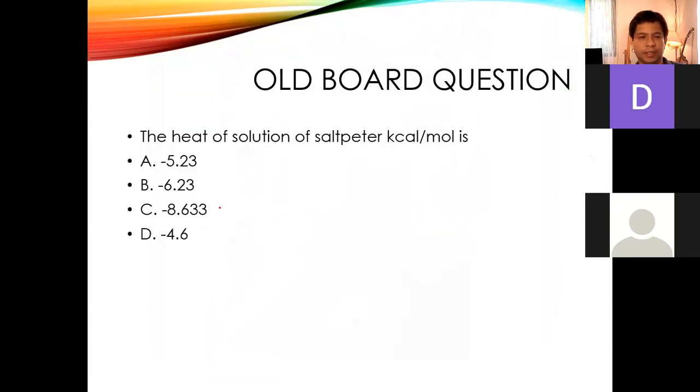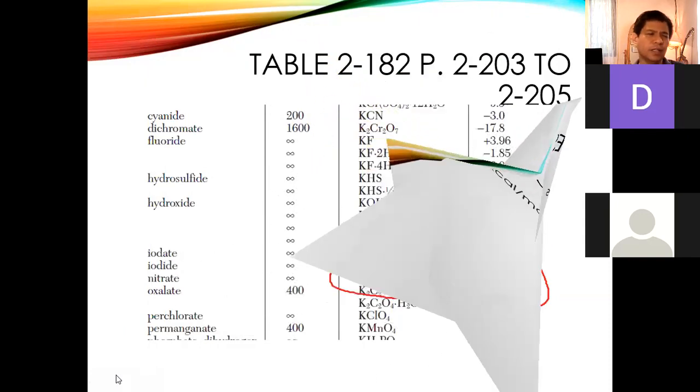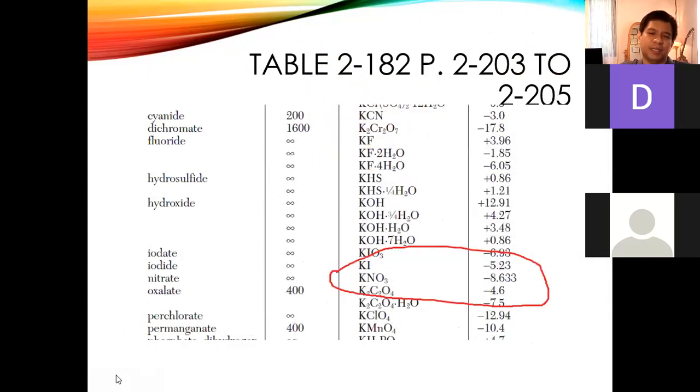Letter C. Negative 8 point. Do you have any question? Dali lang naman, hanapin nyo lang sa table. So, sana meron sa 9th edition. Actually, nawawala lang naman yung mga hindi na ginagamit. I think hanggang ngayon naman ginagamit pa rin naman to.